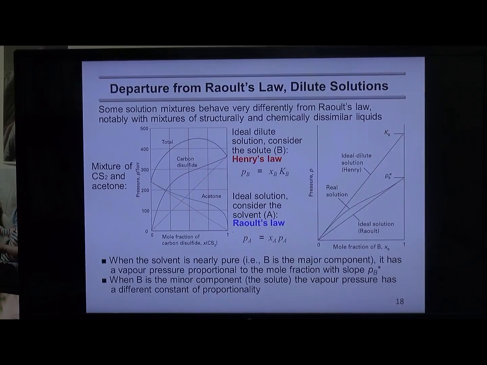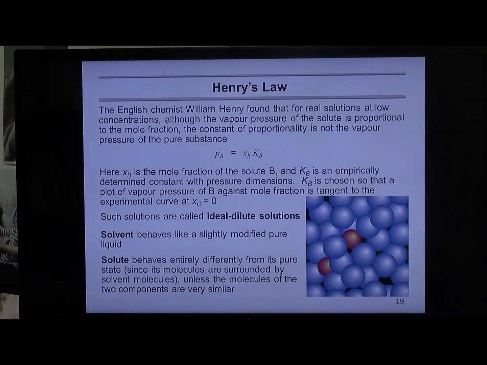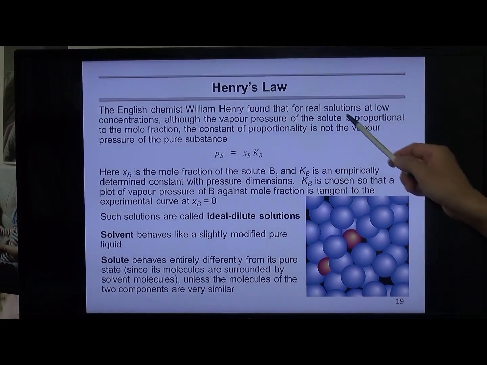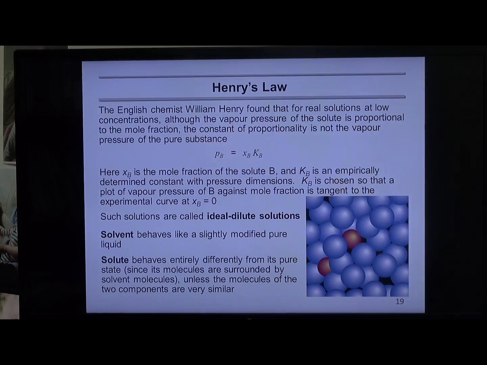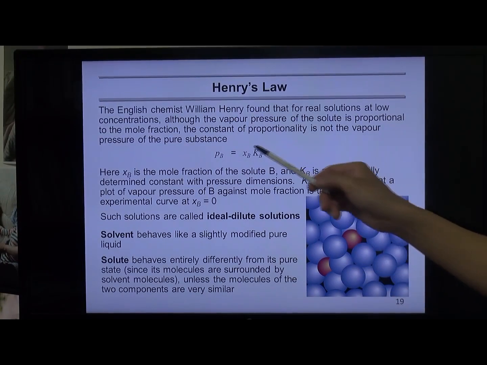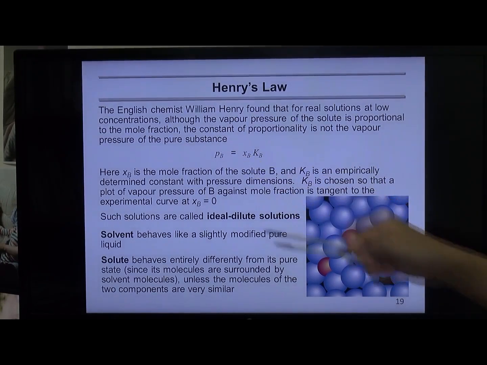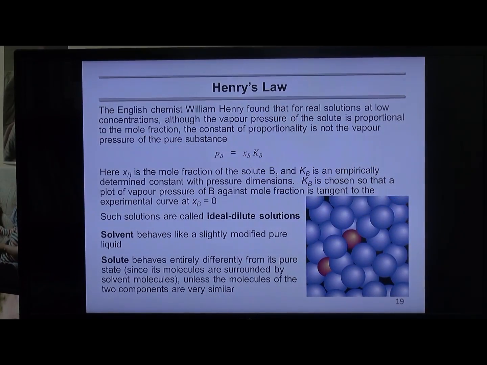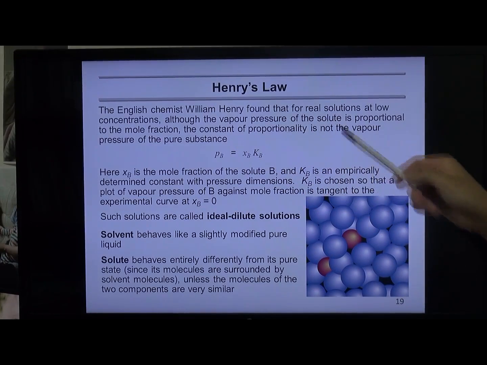Instead, English chemist William Henry found that for real solutions, especially at low concentration, the vapor pressure in a mixture, especially for the solute, behaves differently.